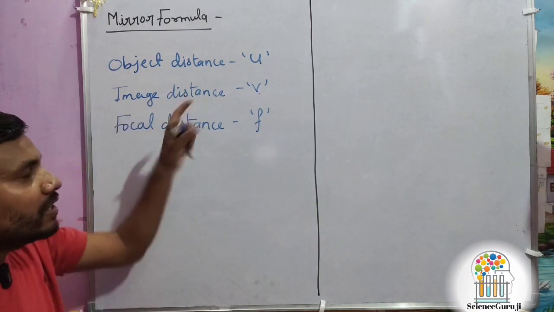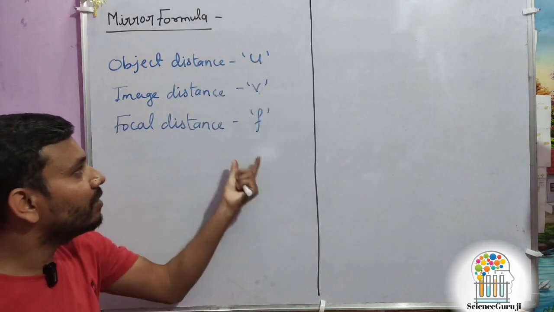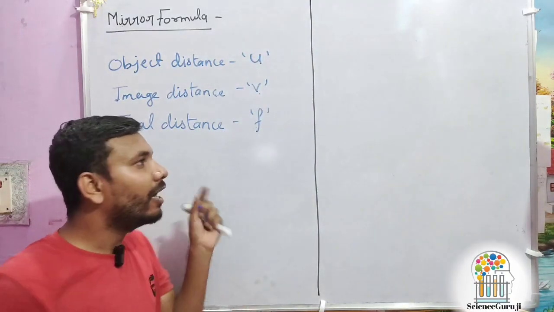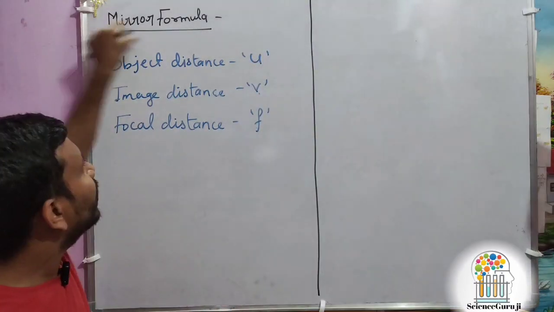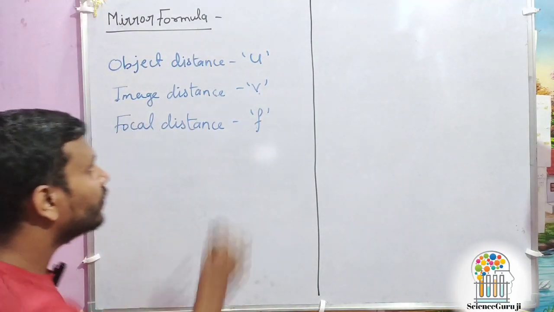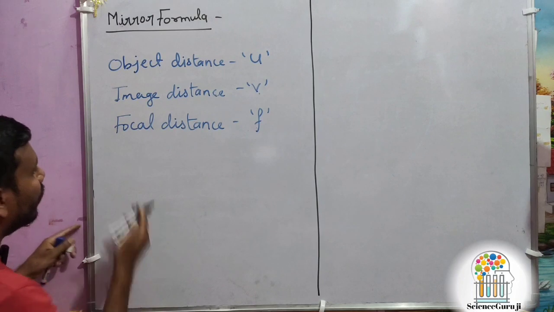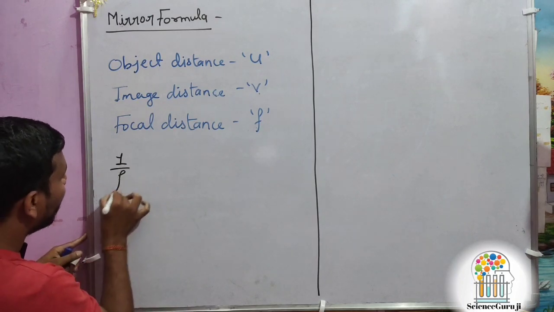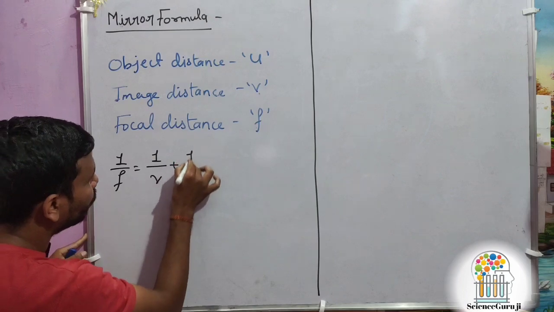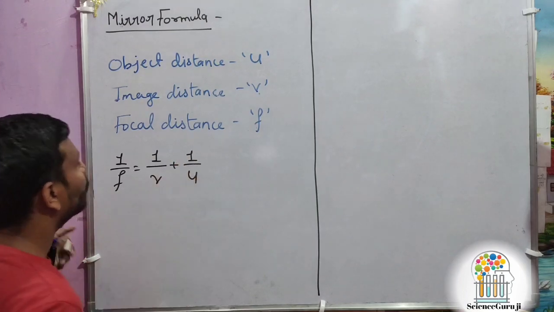And the relation between all these three is known as the mirror formula. What is the relation here? The relation between these three is 1/f = 1/v + 1/u.